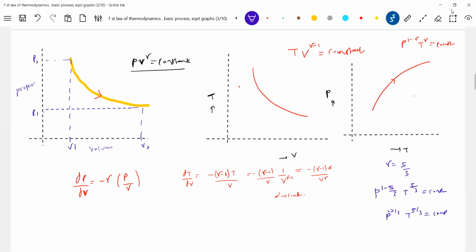How to plot the graph? You can assume a monatomic gas, and you'll get the gamma value. So T to the power of 5 will be proportional to some constant into P squared. If you plot this graph, it will be of this kind.